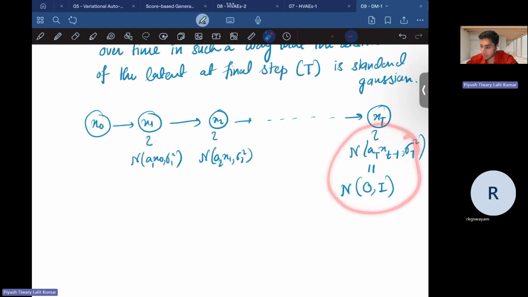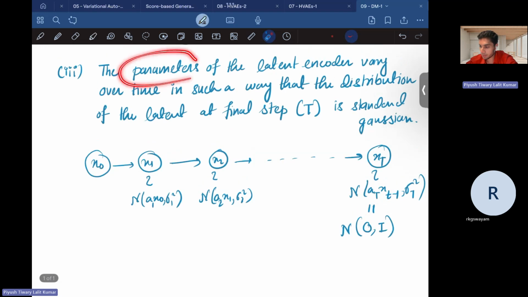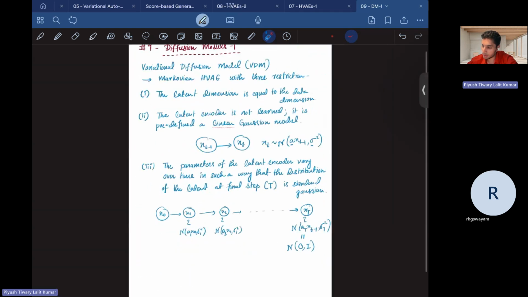So that is why this third restriction, that the parameters A1, A2, sigma 1, sigma 2, and so forth, have to be decided in such a way that eventually, at the end, this distribution is actually standard Gaussian. So these are the three restrictions. When you put them on top of your Markovian HVAE, you basically come to your diffusion models or variational diffusion models.